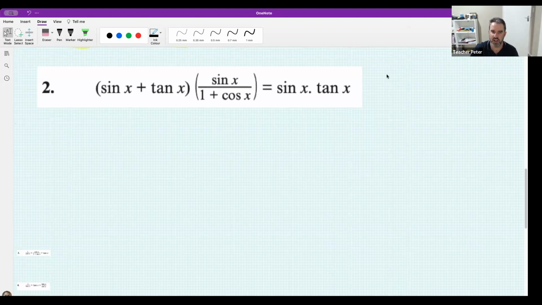Who feels like they know which side they would start with? For me, I'm going towards the left-hand side because it just looks more messy.